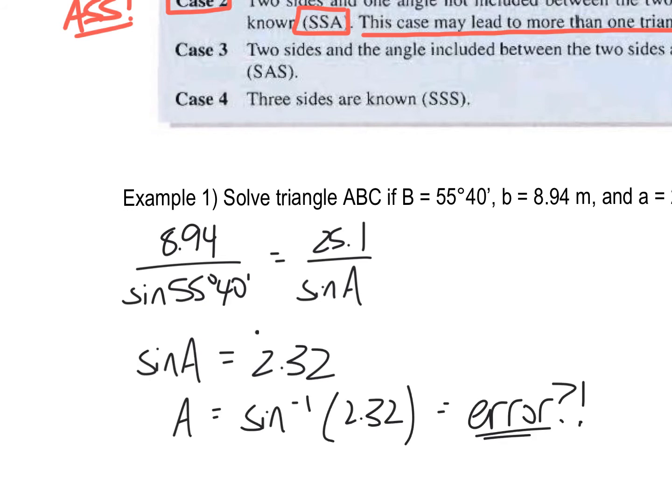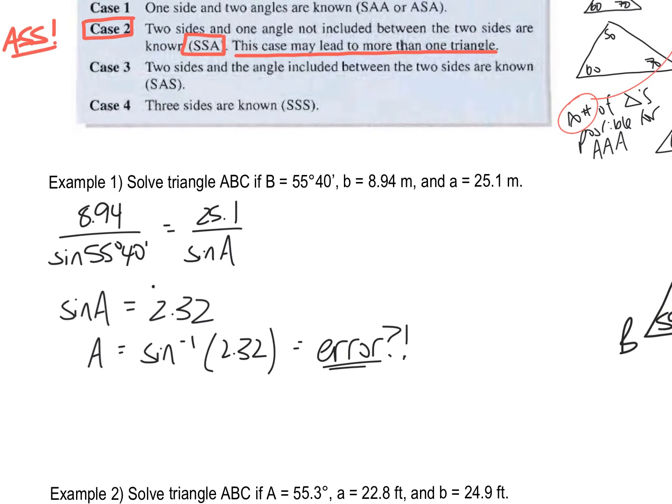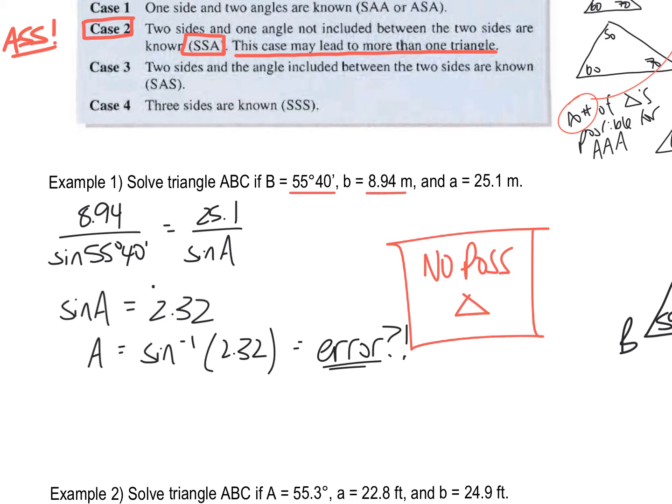One thing you should have noticed, hopefully before you typed this into the calculator, is that the sine has to be between -1 and +1. This is too big, and that's why we get an error. In the SSA case, my friends, there is no possible triangle with these dimensions. That will happen in the SSA case.